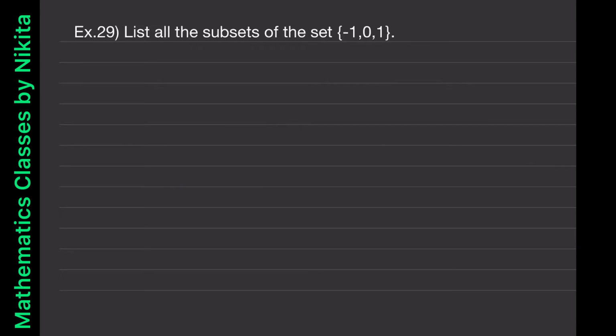Next example, example number 29. List all the subsets of the set {-1, 0, 1}. So basically you have to find the power set of the given set. So power set was what? Power set was the collection of all the subsets of the given set. So first let A be equal to {-1, 0, 1}.